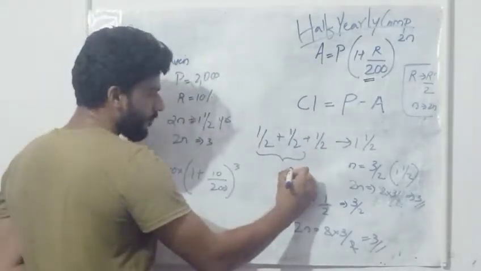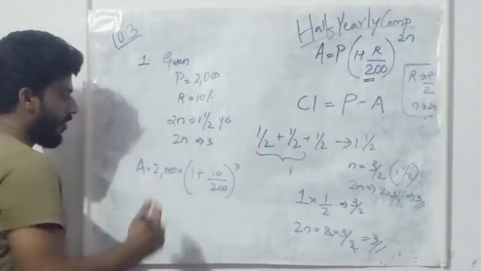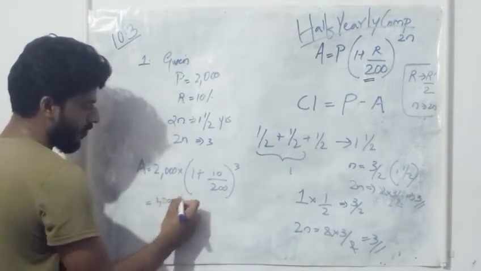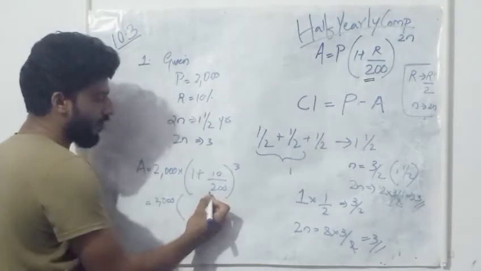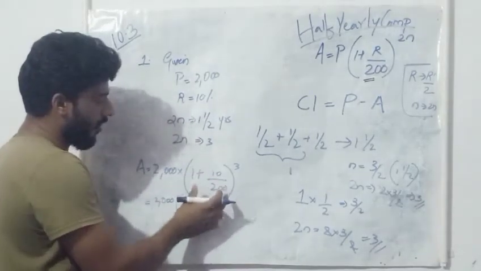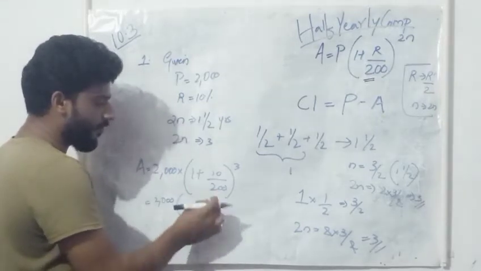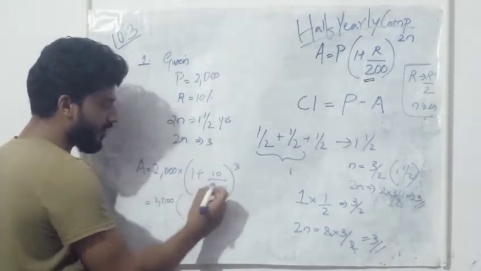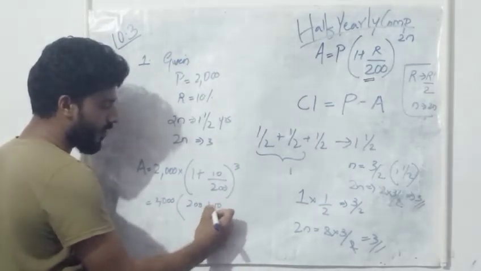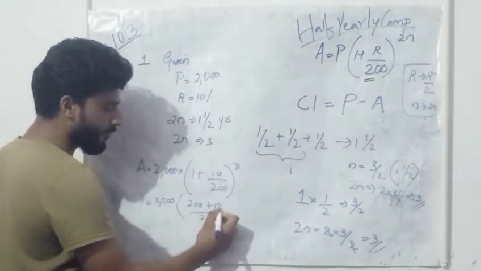Fine. Now, on solving this, 2000 into 1 plus 10 by 200. With LCM or cross multiplying, we will get 1 into 200 plus 10, whole divided by 200.